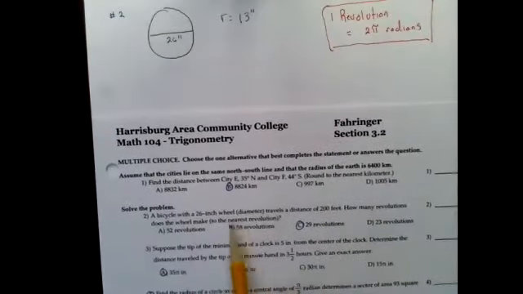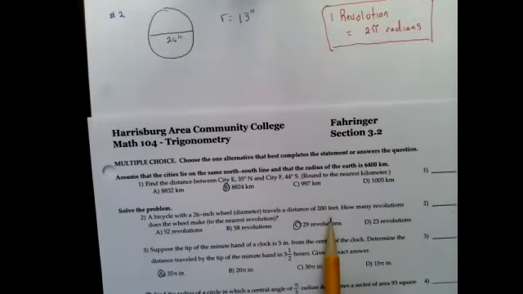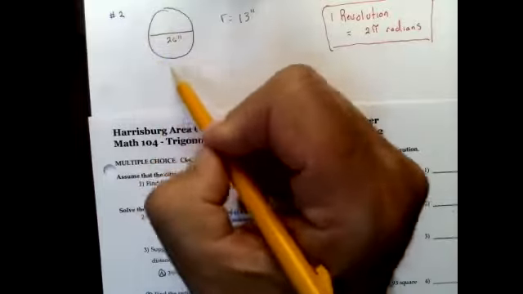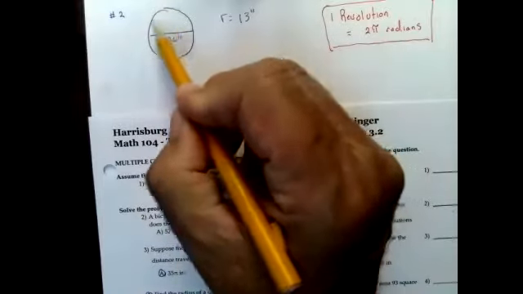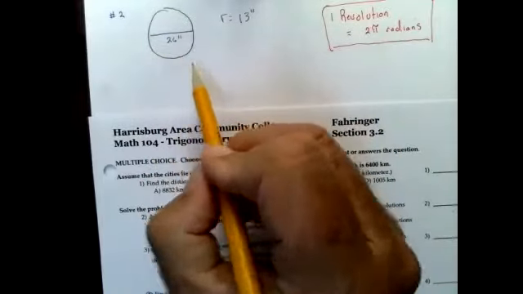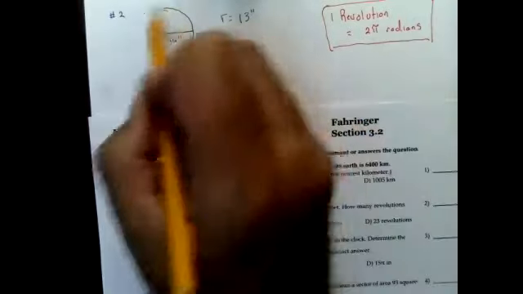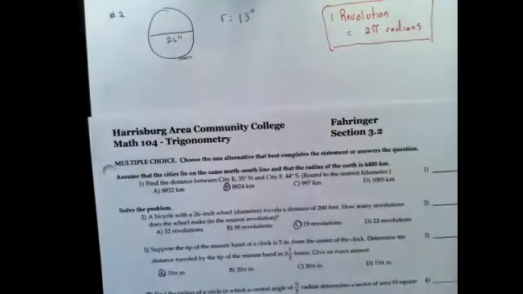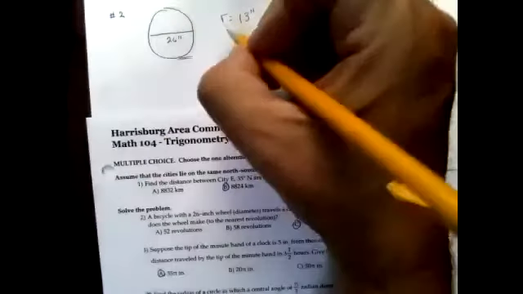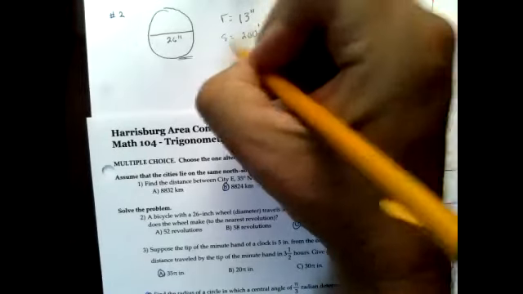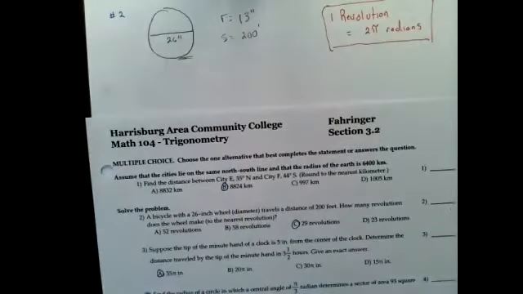It travels a distance of 200 feet. That means 200 feet went around the tire, because if it is rolling 200 feet, that would be the same as 200 feet going around. So the 200 feet is going to be my S. Again, I'm writing everything I have down as I go.